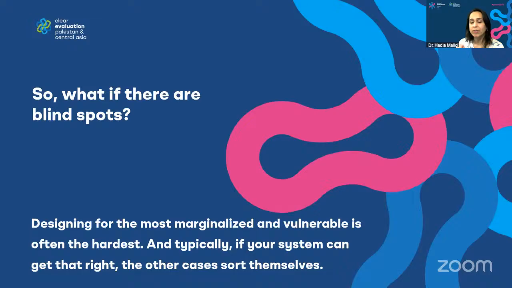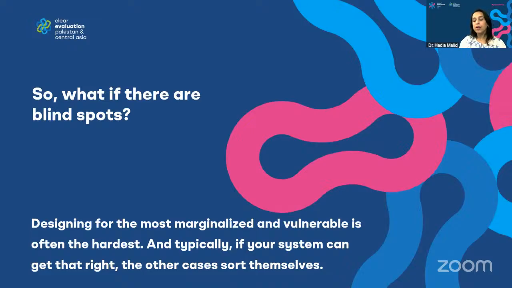So if I design a system for the hardest to reach, the most vulnerable or the most marginalized population, then typically that system will work for those who are less marginalized, or less vulnerable, or slightly easier to reach.